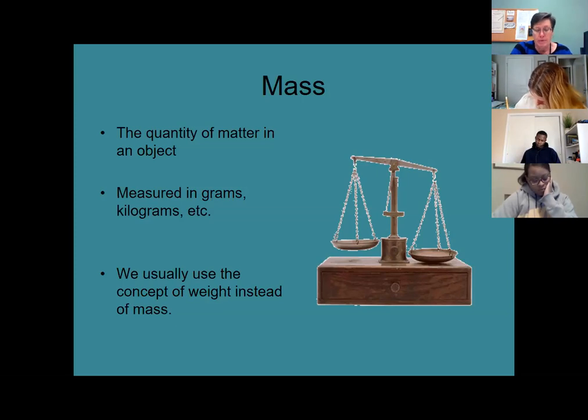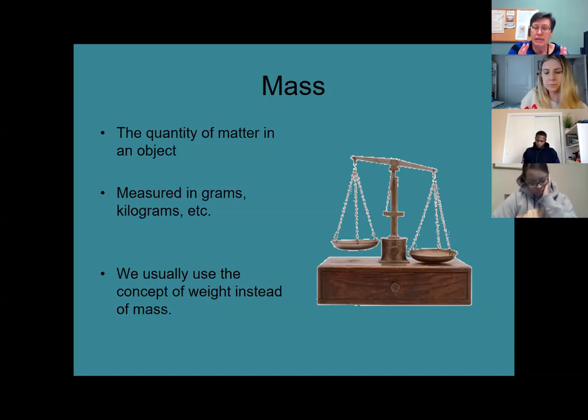So for example, the mass of an object never changes. Say I had a bar of metal and my bar of metal had a mass of 10 kilograms. On the Earth, its mass is 10 kilograms.